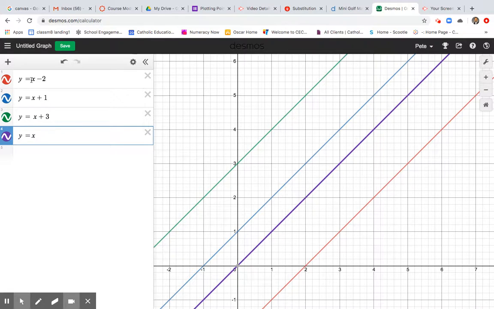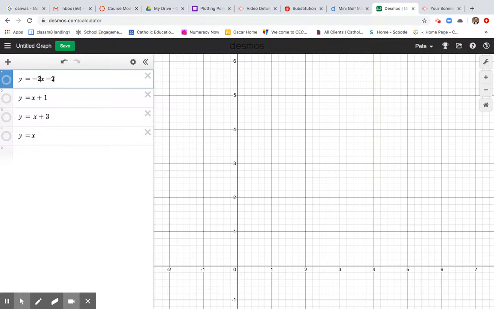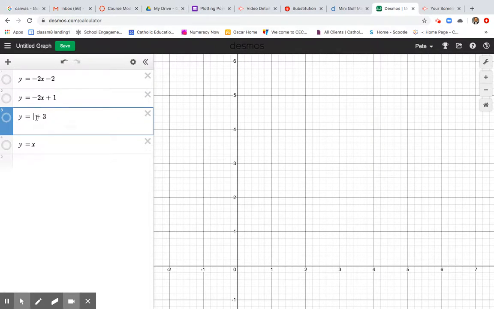I wonder what happens if it's a minus. I wonder what would happen if instead of being plus 1x, we had minus 2x in all of these.